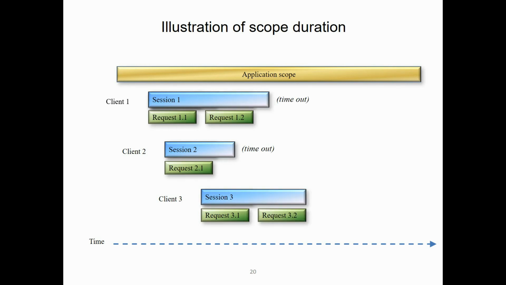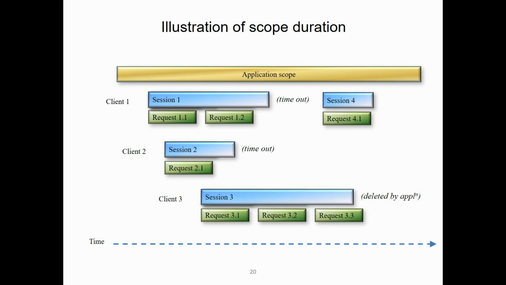Now, as time progresses, no further request has come in from client 1, and therefore its session has timed out. But client 3 has received another request, and therefore its session continues. A third request from client 3 will extend the session further, but in this case, that session has now been terminated programmatically by the application in response to request 3.